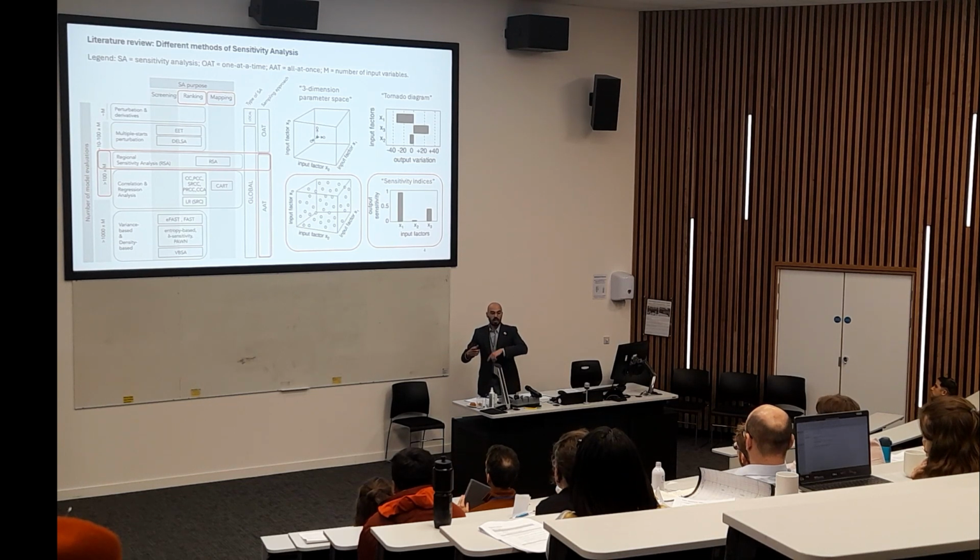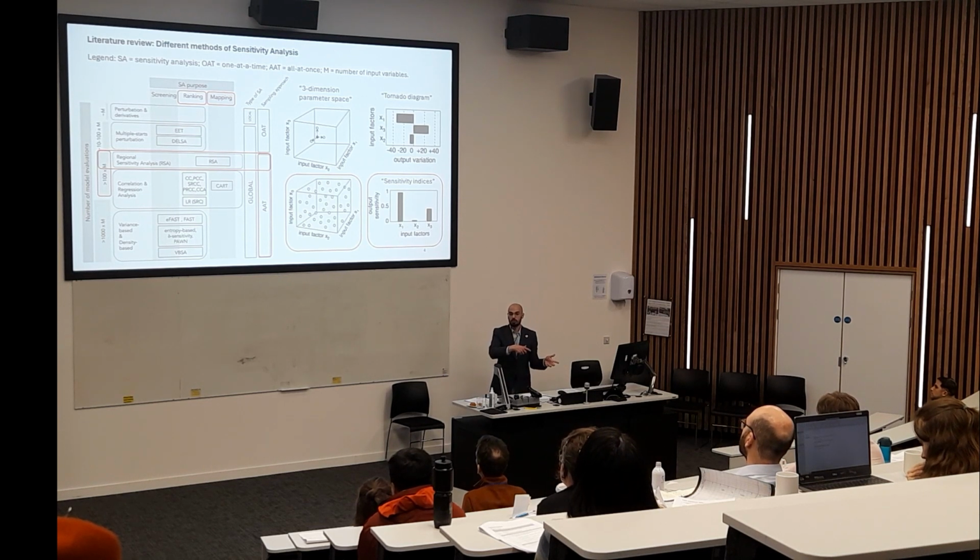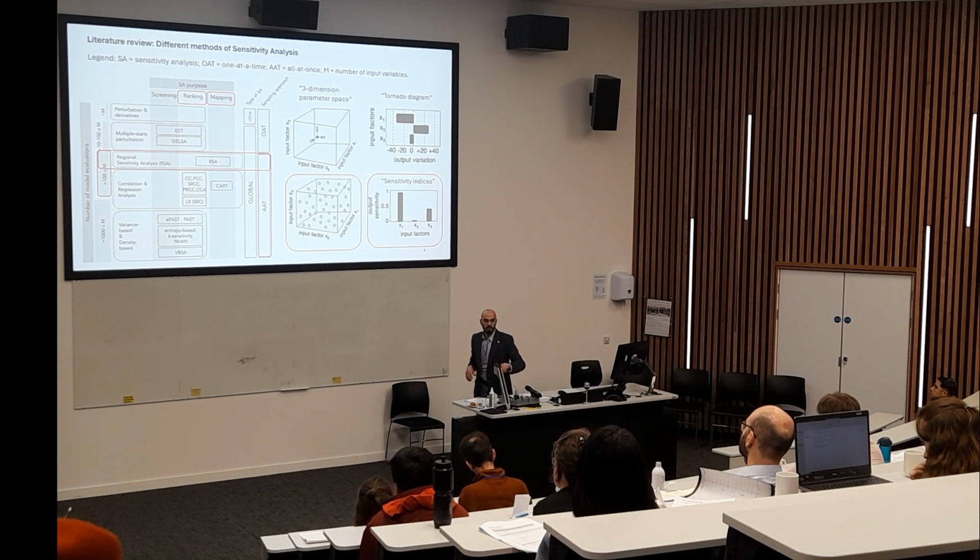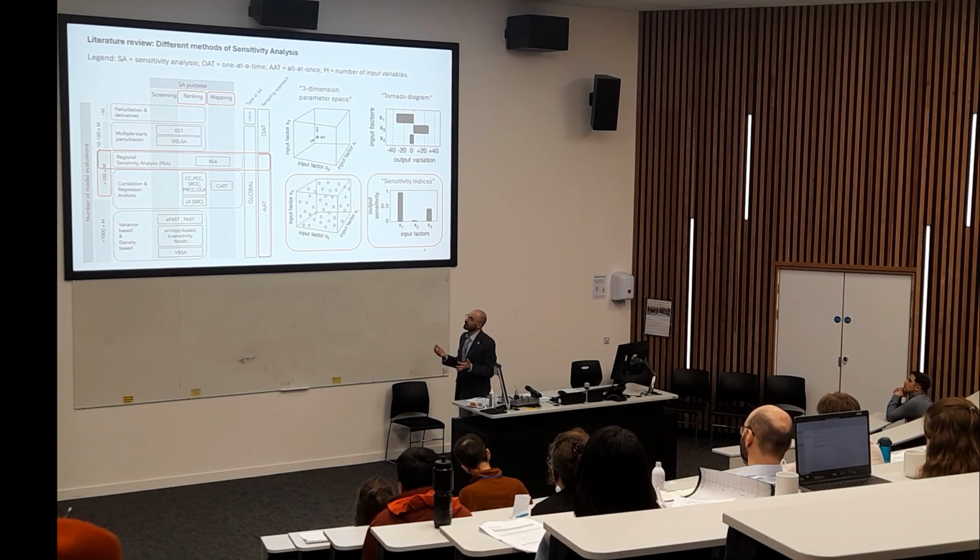How do the variables affect your function, or how does the interaction affect your model output? Well, you have to abandon the local level, and you have to go for the global type of sensitivity analysis. Now, which kind of global sensitivity analysis depends on the number of model runs you need, and again on the scope of your analysis.